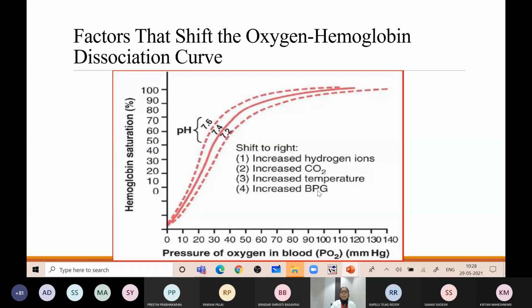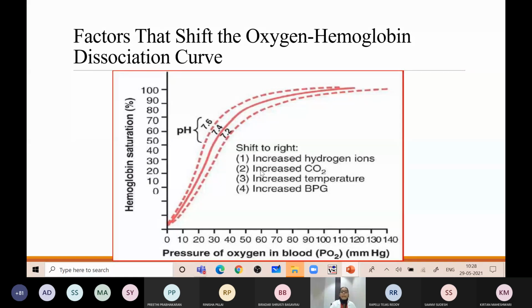It is given in your books as biphosphoglycerate here, but in your books it is given as 2,3 DPG. Both are the same. No problem. So increased 2,3 DPG.